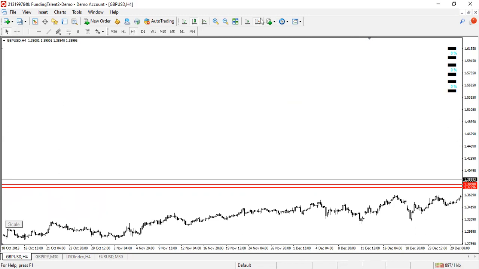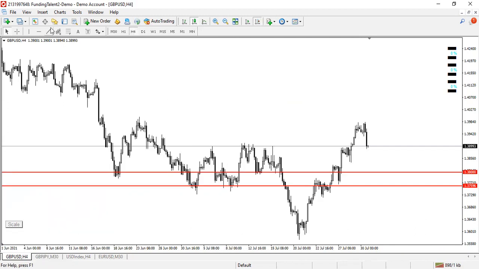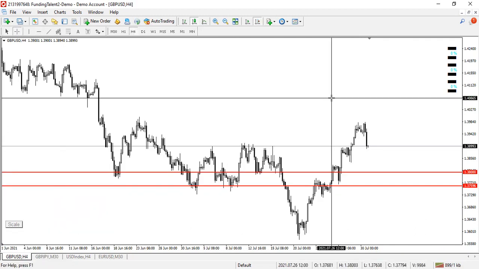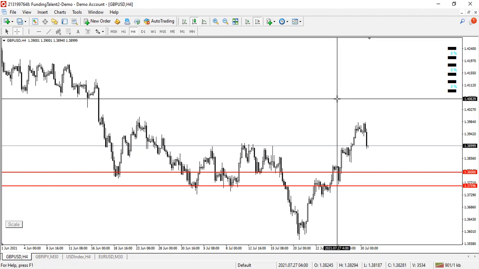Now let me go to H4 to analyze this further. So this is the 26th. We should be bold enough to choose where we want to take a trade. Choose the best price.